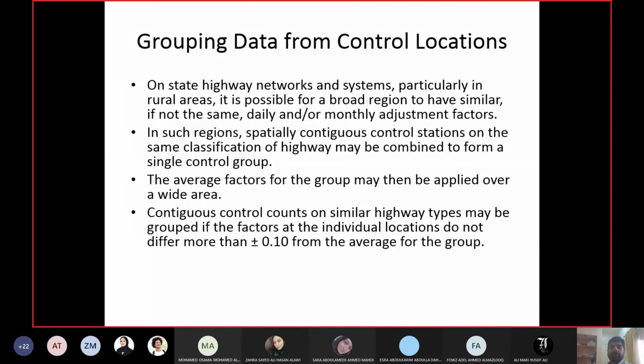So the grouping must be done for control count locations which are close to each other, and they should be for the same type of highway. So you can combine the factors from control count locations which are for arterials and which are close to each other. You can then also combine the data for collectors, for control count locations which are on collectors and which are close to each other.